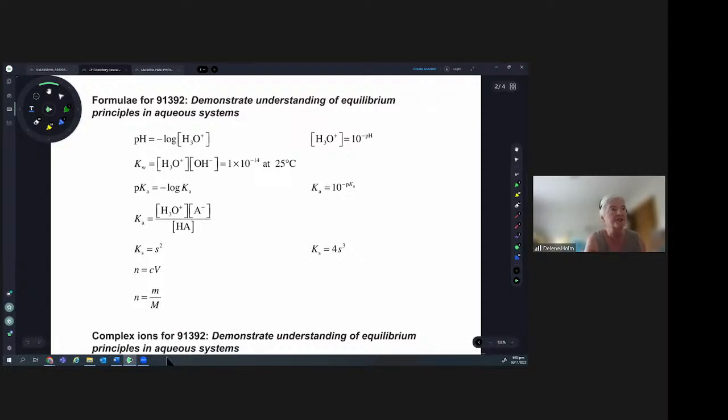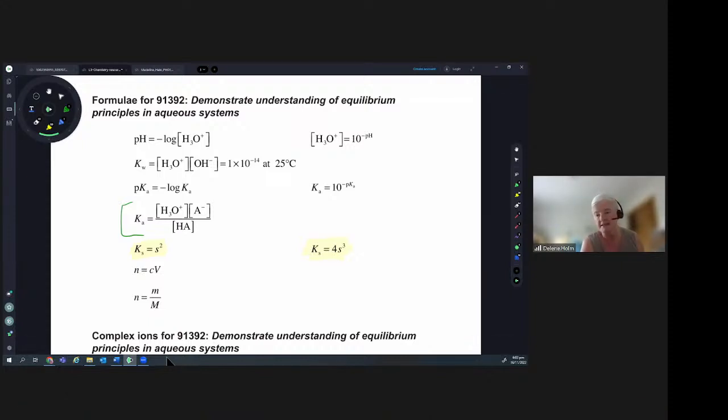But notice that the only equation given relating to this is the Ka. If you want to use the Kb, you need to get it from the Ka. Also notice these 2 equations over here. I will be referring to them later when we go through some past papers.